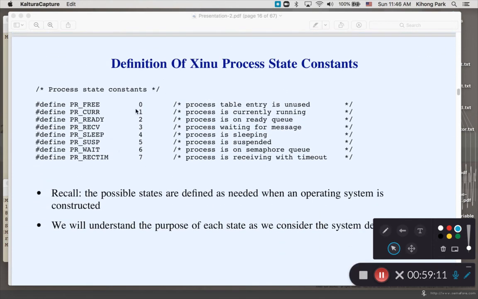This is the actual definition in Xinu. So in Xinu, when we're discussing, the ultimate reference is not the slides, it's not the book, it's the code. So it's the Xinu code that we have given you to change, modify, test. That's what Xinu is as you are using it.